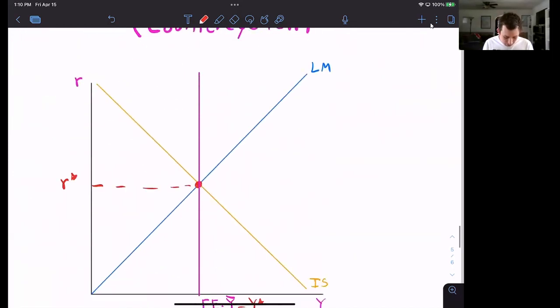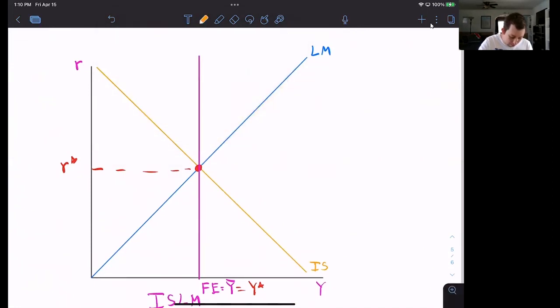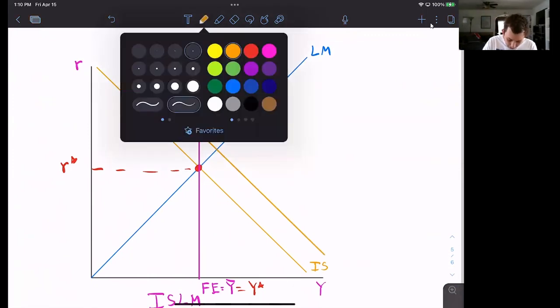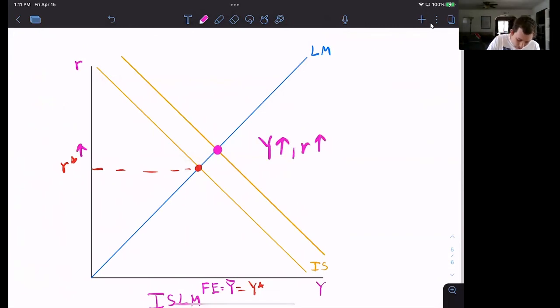So let's take our ISLM model and see how that works. So if I shift the ISLM model like we did in that first shift, we have something like this. Let's get rid of the full employment line for now and just assume that it moves like it needs to. So see here, we have gotten to a point where our output has definitely gone up and our real interest rate has also gone up.